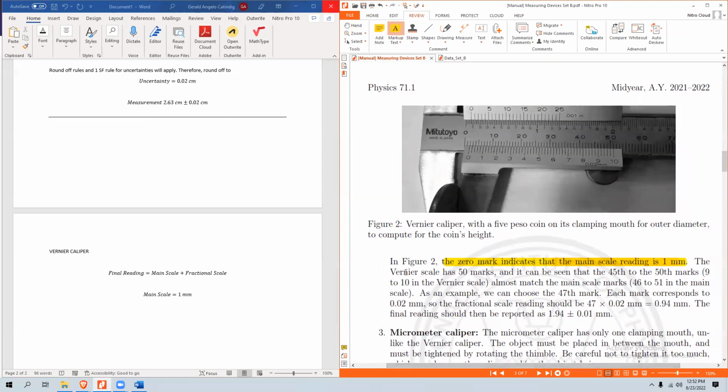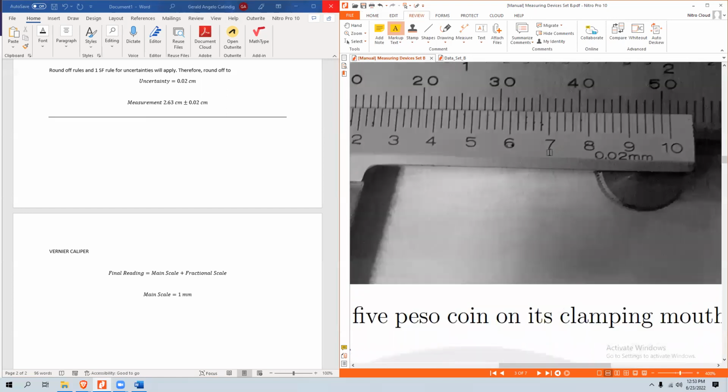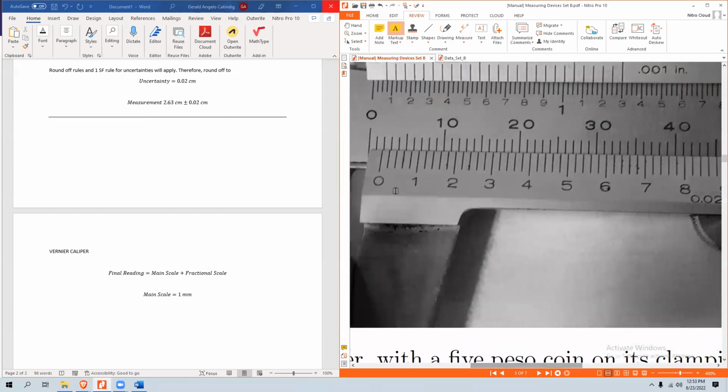Next, for the fractional scale reading, based na dito sa scale na ito, it can be seen that the 45th to 50th marks almost match the main scale marks. Here, we want to look where the fractional scale lines match the main scale lines. For example, dito sa vernier scale natin, di magkakatapat yung lines.